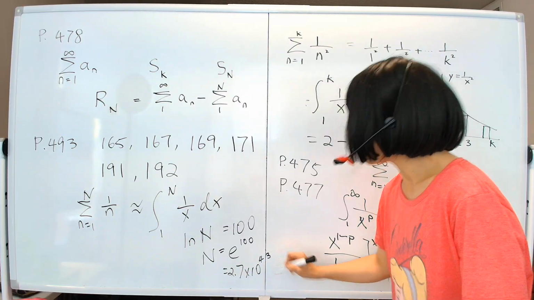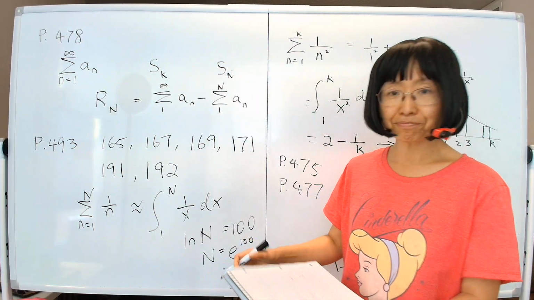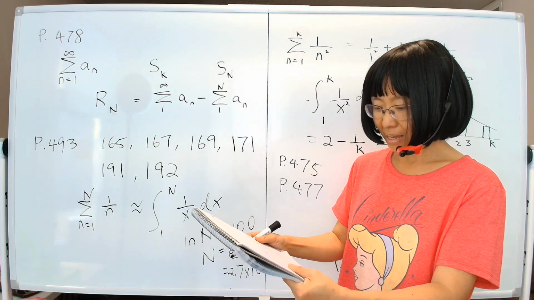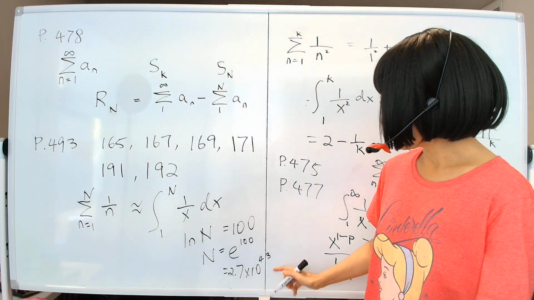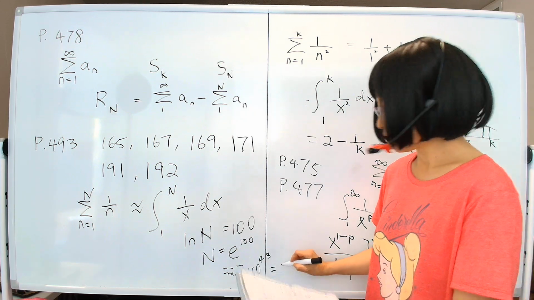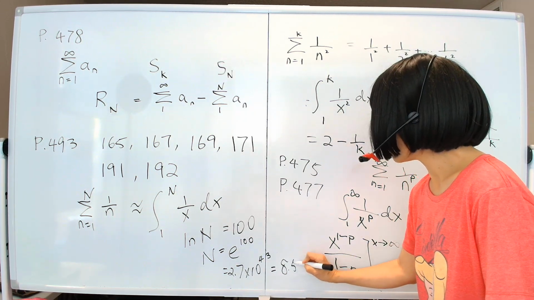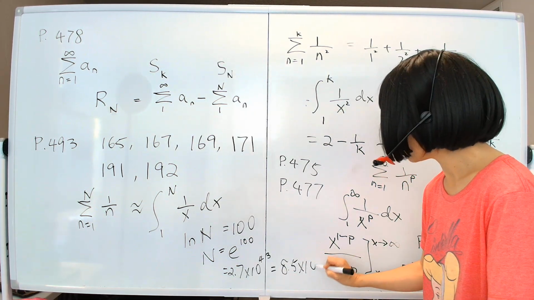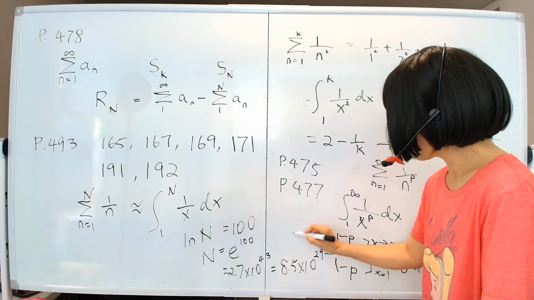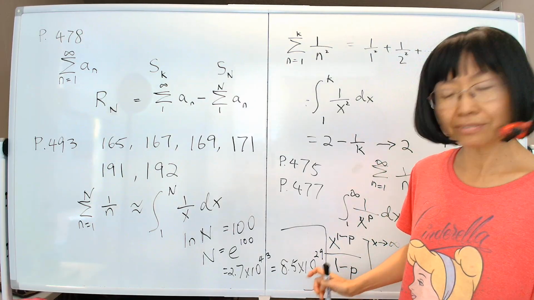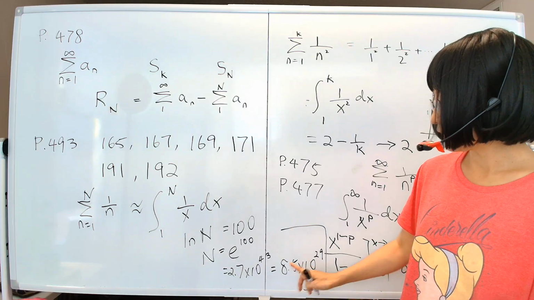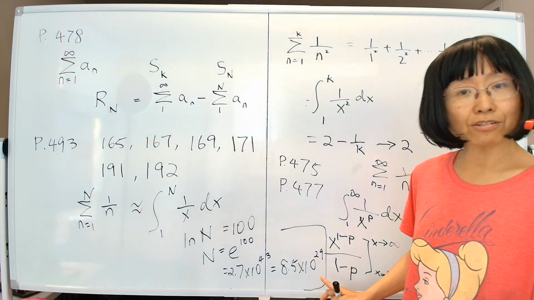And what that means is if you do various math, I end up with that equals 8.5 times 10 to the 29 years. Seriously, it'll take 8 with 29 zeros following.